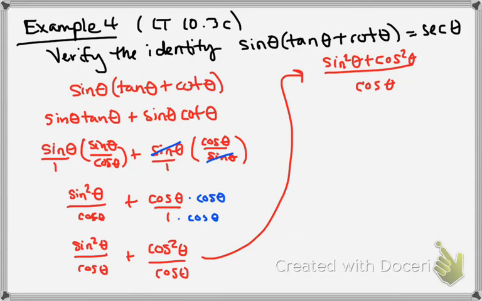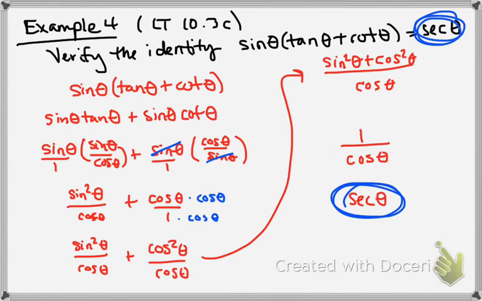So I'm going to replace that entire top with 1, because that's what my identity says. So it's just now 1 over the cosine of theta. And from my reciprocal identity, I know that 1 over the cosine of theta is the same thing as the secant of theta. That is what I was looking for, since this here matches with this here, I know that I am done.